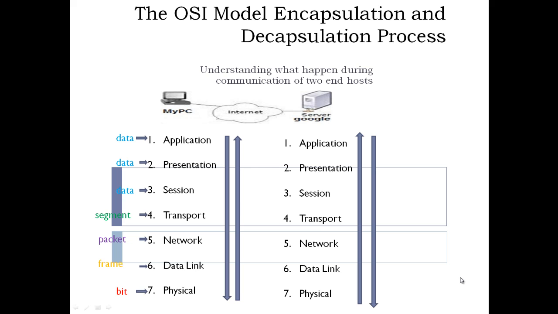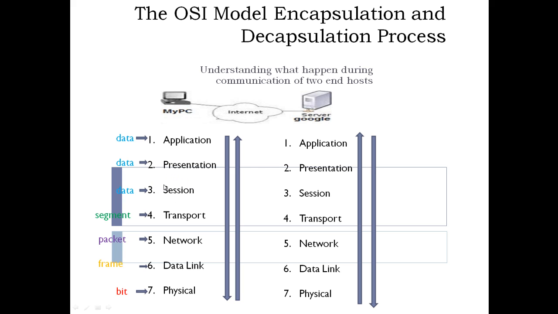So when I open up my web browser and type google.com, I am using the upper layers of the OSI model, like the application layer, presentation layer, and session layer.